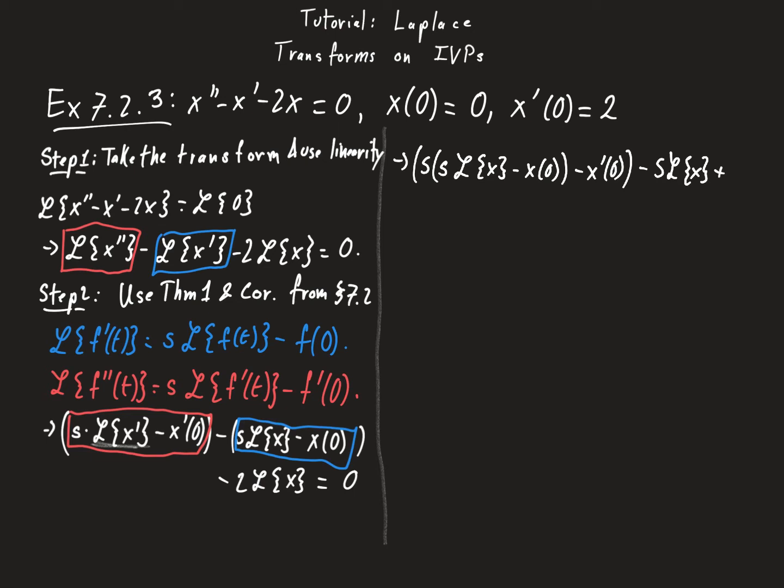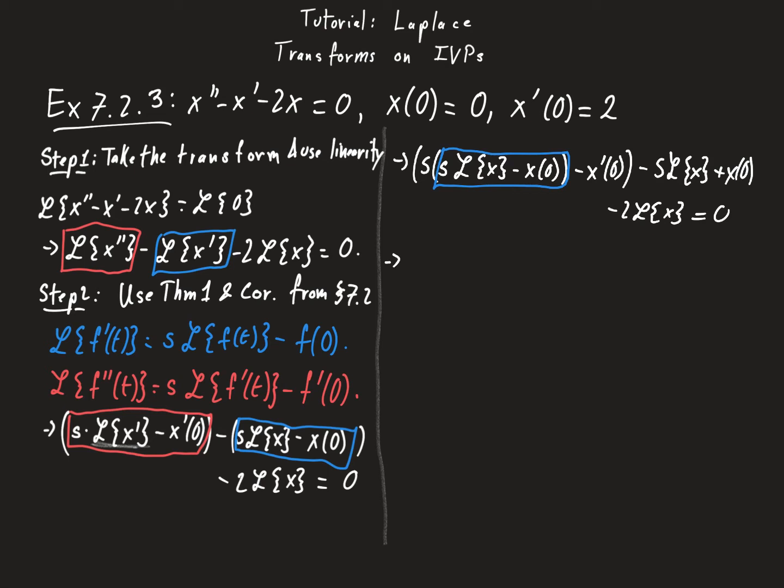I've multiplied out that negative sign here. Minus 2 Laplace transform of x is equal to 0. And once again, in this case, I used the blue substitution right here. So you can see what I substituted there.